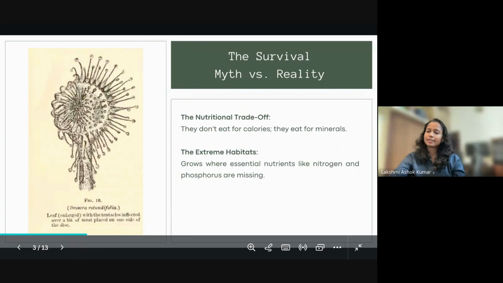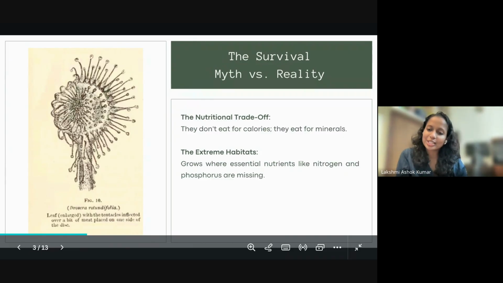Now, I've heard people saying that carnivorous plants would just die off if they don't get insects, which is not true. It is just for nutrition that carnivorous plants are catching insects and digesting them.